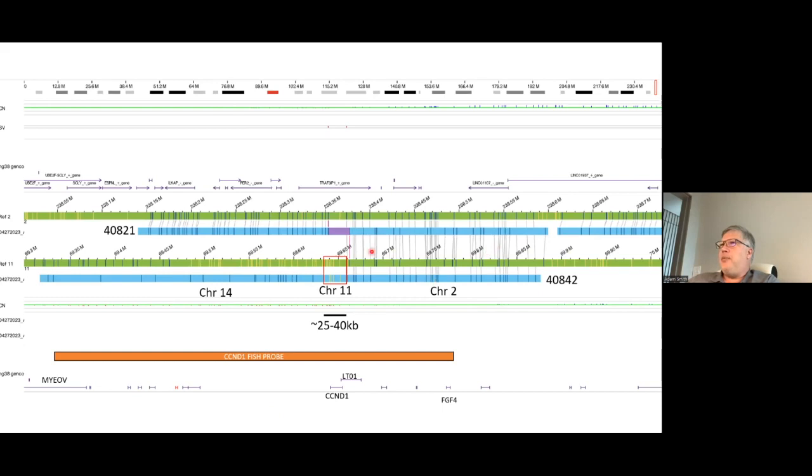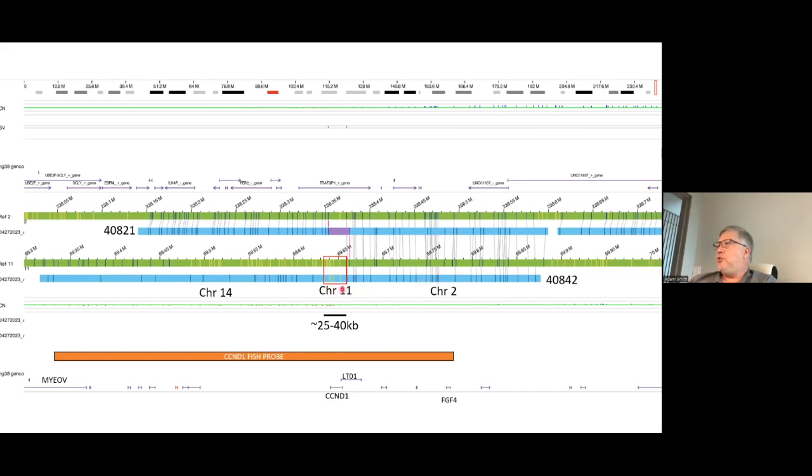I actually got them aligned on the same screen, which you can do if you play around using the show all button. What I was able to do was align the 4842 map, which shows the rearrangements between chromosome 14 and chromosome 2.